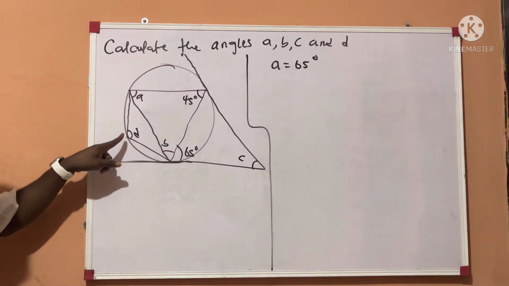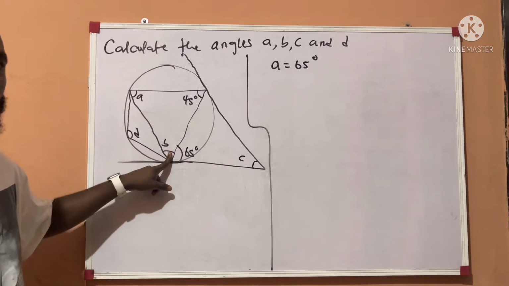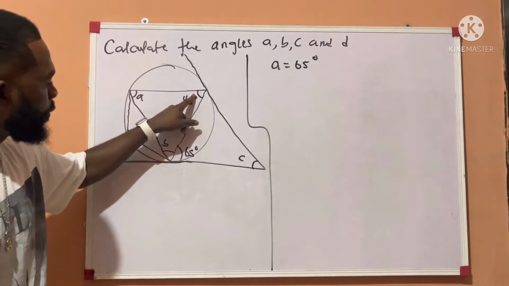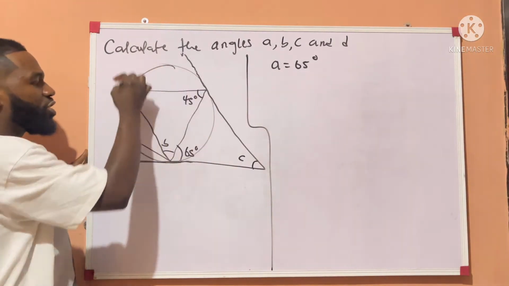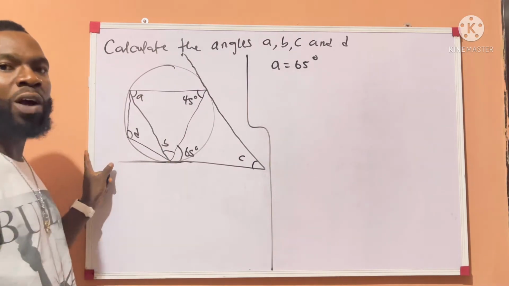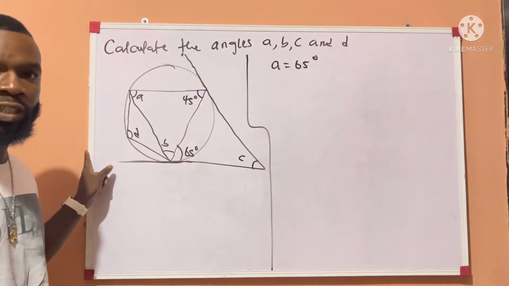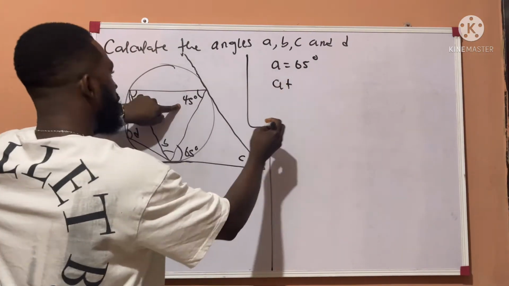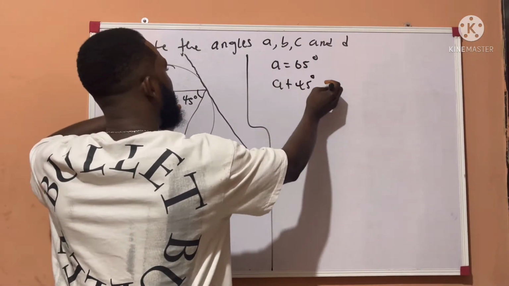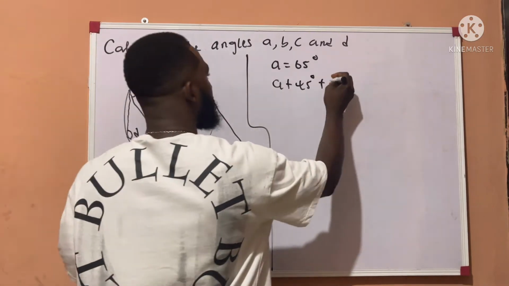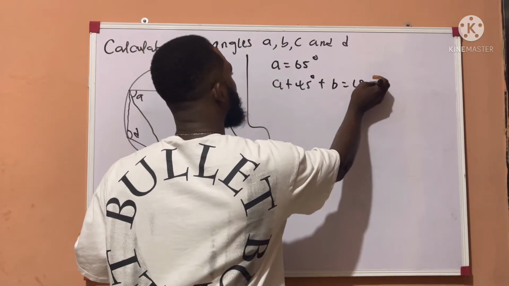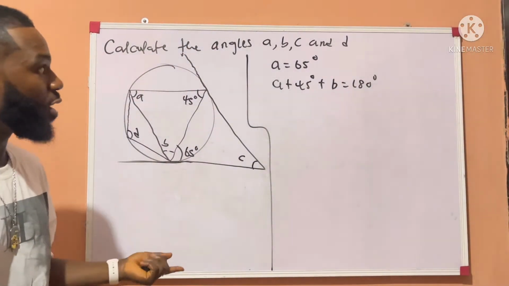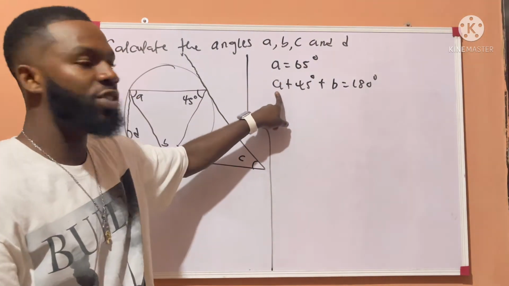Now, for me to get B, it is very simple. A, 45, and B are in a triangle, and we all know that the sum of angles in a triangle adds up to 180 degrees. So A plus 45 degrees plus B is equal to 180 degrees. And we said the value for A is 65 degrees.